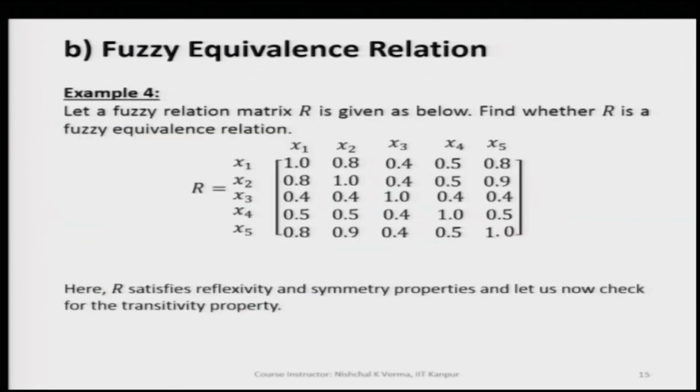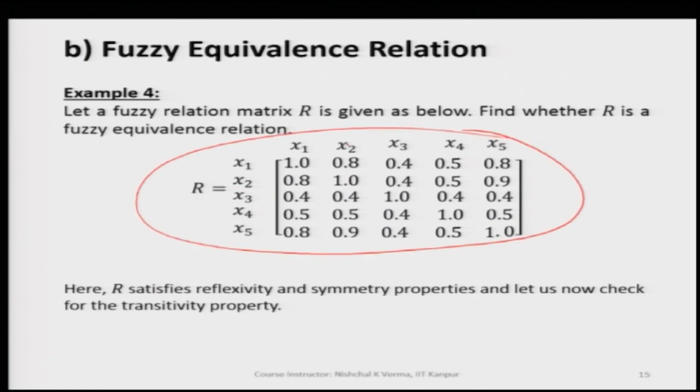For this also, let us take an example to understand this concept better. Here we have taken a fuzzy relation set which is represented in the form of a matrix, and as we have already seen, all its elements are nothing but its membership values corresponding to its rows and columns.